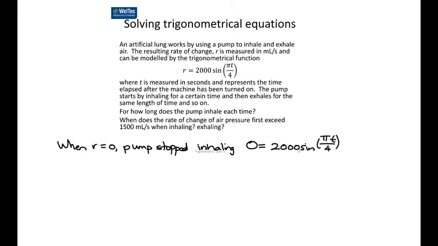Okay, so dividing both sides by 2000 and taking the inverse sine, pi t over 4 is equal to inverse sine of 0. So pi t over 4 equals 0 or pi, and 0 is not sensible, so then we can rearrange that to find that t is equal to 4 seconds.